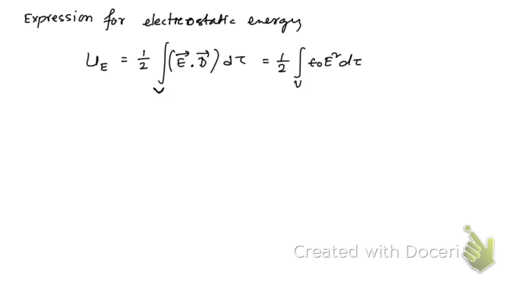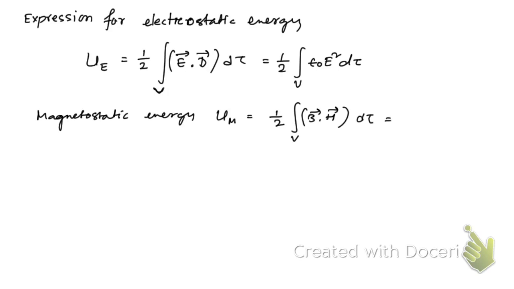Similarly, magnetostatic energy is given by half the volume integral of B dot H d tau, or you can write half the volume integral of 1 by mu naught B squared d tau, because H can be replaced by 1 by mu naught B. Hope you have understood this.